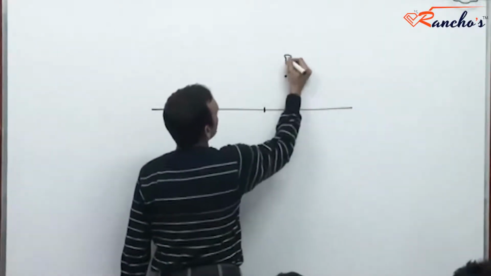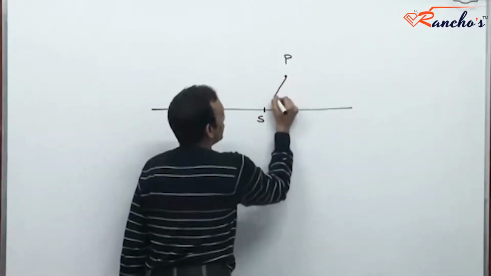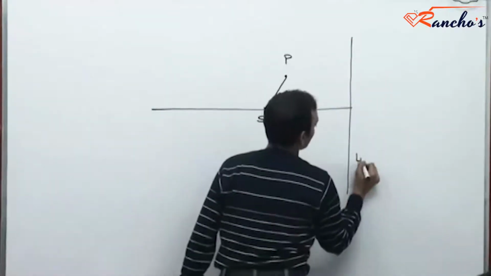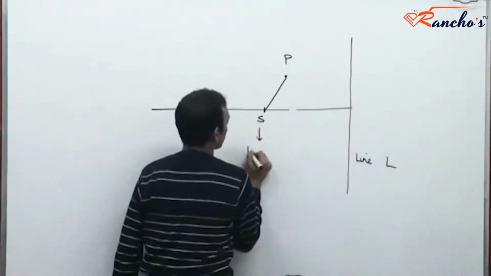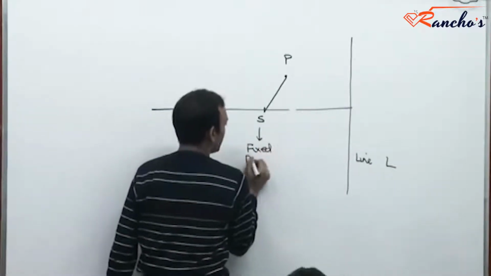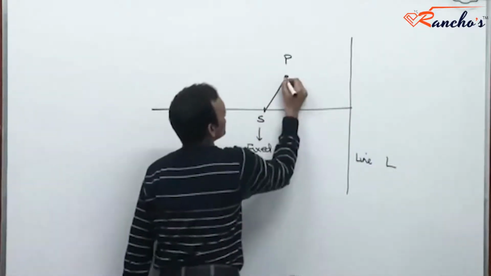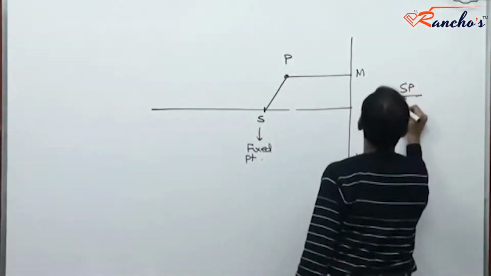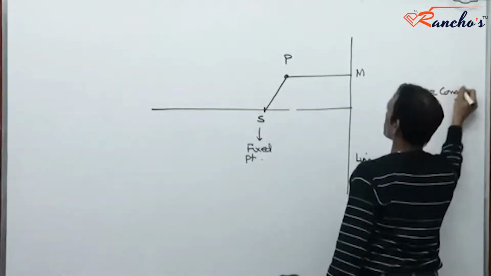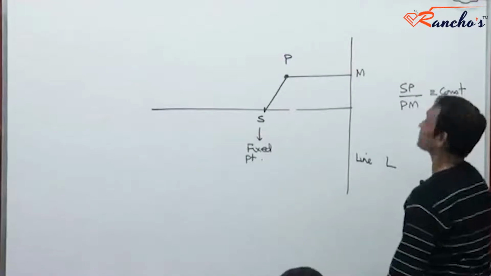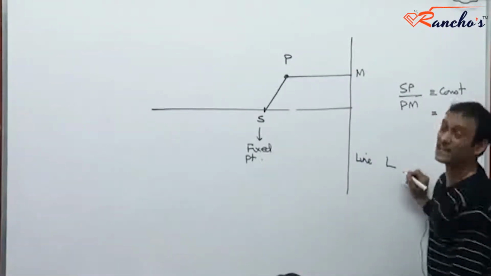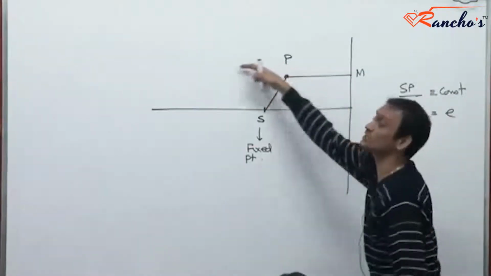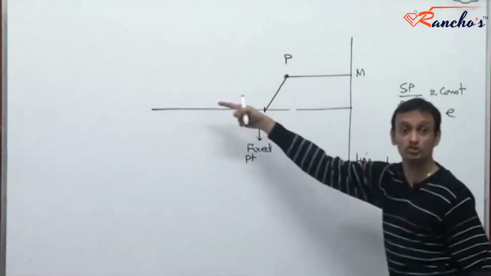If a point P moves in a manner that its ratio of its distance from a fixed point S to a fixed line L, S is a fixed point and L is a fixed line, and if P moves in a manner that SP by PM is a constant, which is referred to as E, the eccentricity of the ellipse, then the path that P describes is an ellipse.